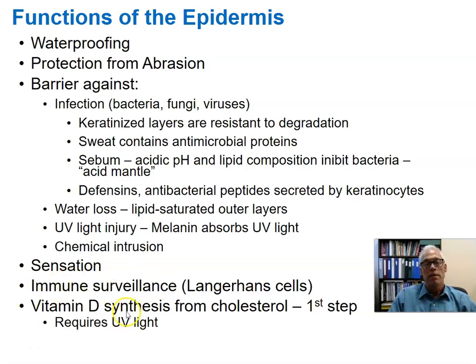And finally, vitamin D synthesis. Cholesterol is the starting material for making various steroid hormones and vitamins. And so in the epidermis, using energy from ultraviolet light, the first committed step of vitamin D synthesis occurs, and then that precursor travels in the blood to the kidneys where the final active vitamin D can be produced.